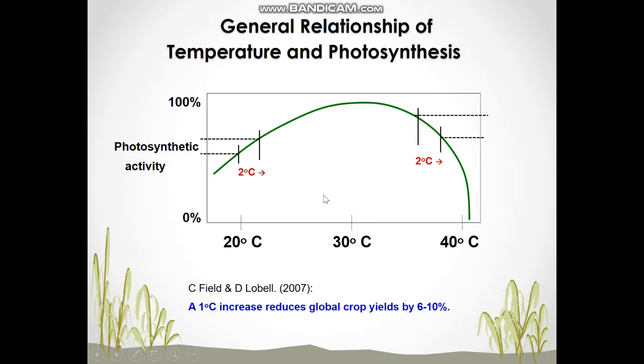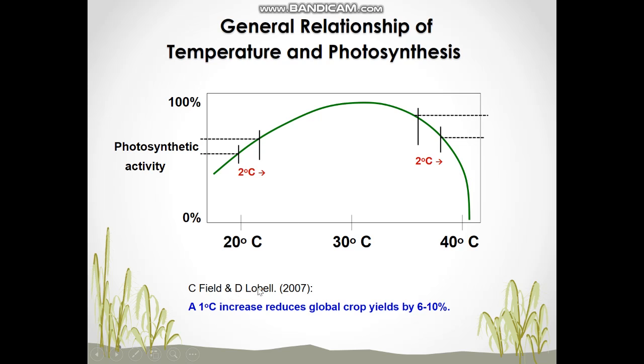And the peak rate of photosynthesis is almost close to room temperature. But at very high temperatures, like close to 35-40 degrees centigrade, for every 2 degree centigrade increase in temperature, photosynthesis will decrease, which results in lower crop yields because the enzyme is destroyed at higher temperatures.